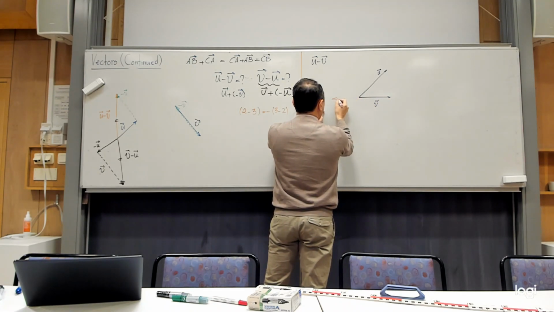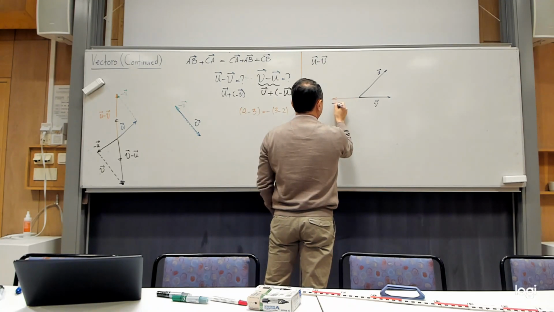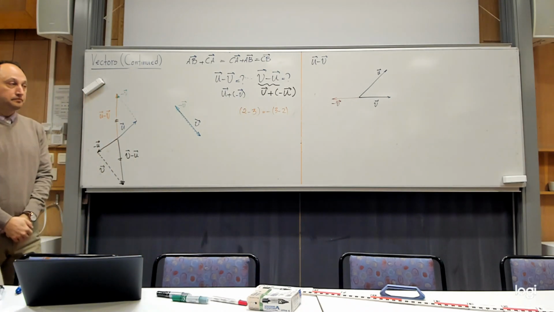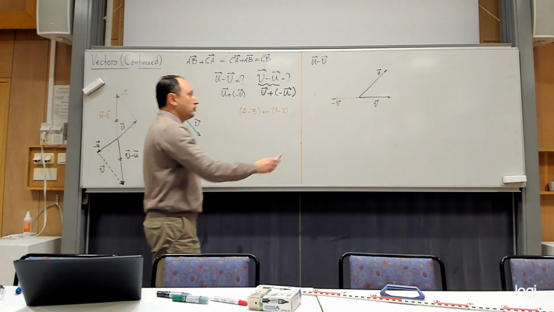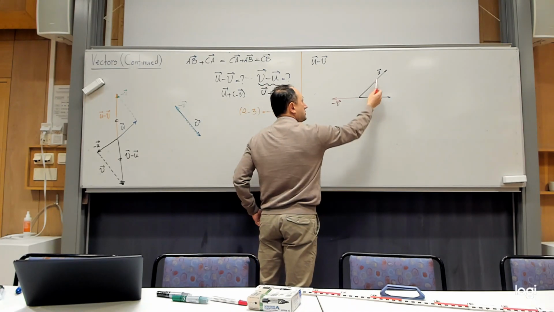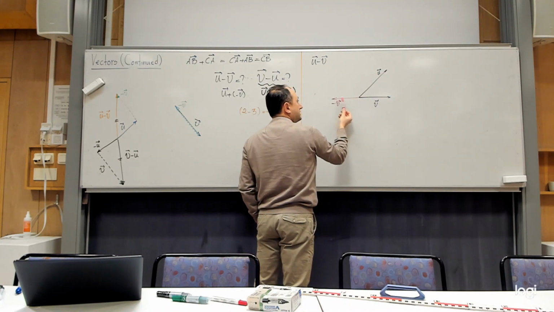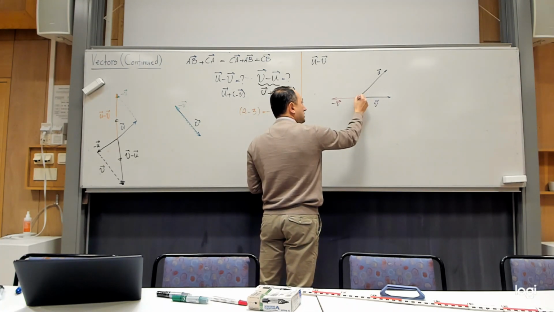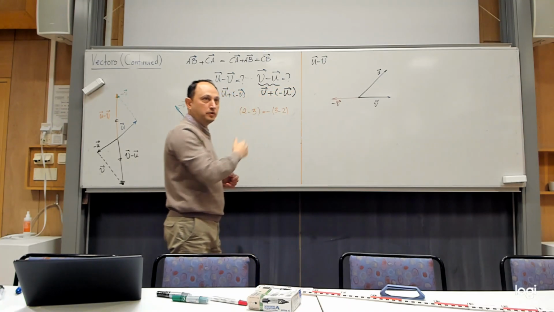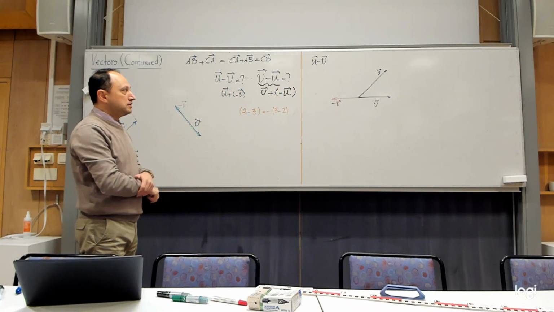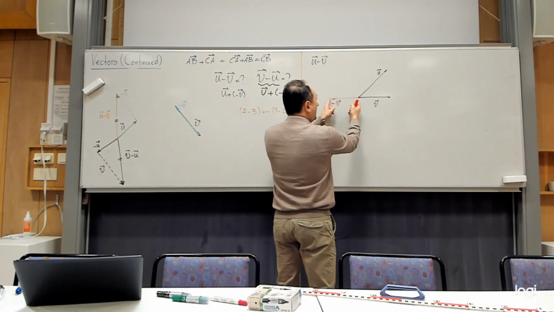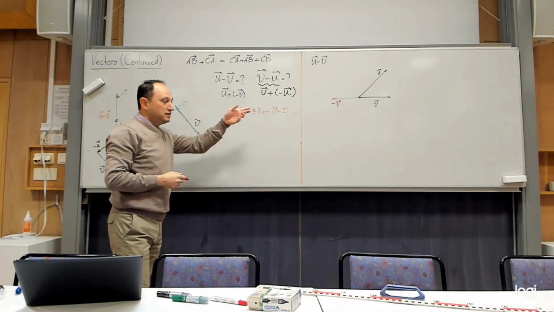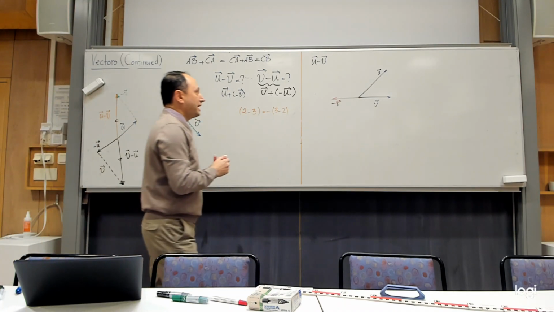And this becomes minus V. Now forget about this blue vector here. Consider this blue vector and this red vector. I want to add them. Because of the configuration of these vectors, which method is more suitable here? If I want to use the triangle method, I have to parallel transport it here and then complete the triangle. But in this case, I prefer to use the parallelogram method.